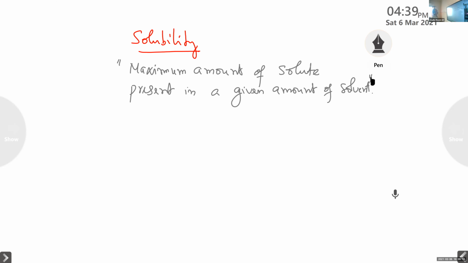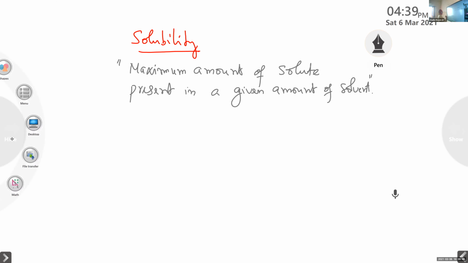If there is the maximum amount of the solute dissolved in a given amount of a solvent, then that solution is called, do you remember, a saturated solution.